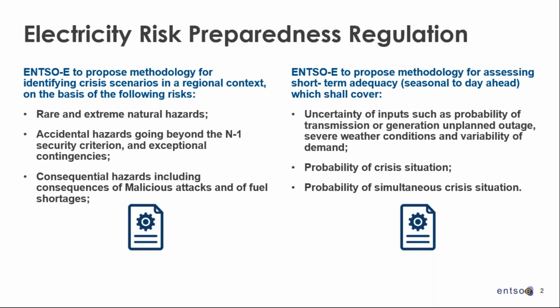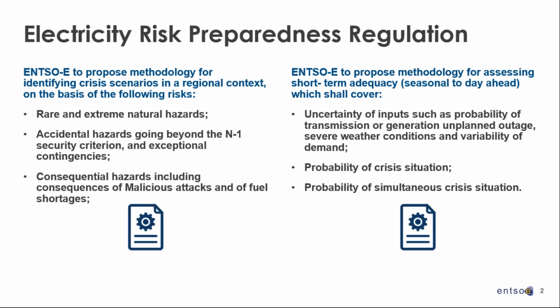The methodology, as on that slide, is required to cover the aspects for the identification of crisis scenarios. So it must include the following risks: rare and extreme natural hazards, accidental hazards beyond N-1, and consequential hazards, including malicious attacks and fuel shortages.